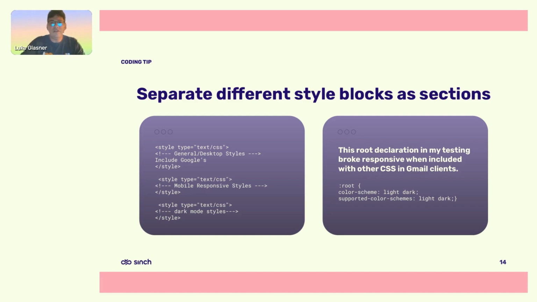And this declaration that you'll find in virtually every guide on dark mode, the root declaration, when I had that mixed in with my main style block, it stopped being responsive in Gmail, for both the apps I tested, iOS and Android, as well as Chrome on iOS and Windows. So what I did is I moved this little code snippet right into its own style block. And then if a given client doesn't like that, it doesn't stop it from reading the rest of the code.